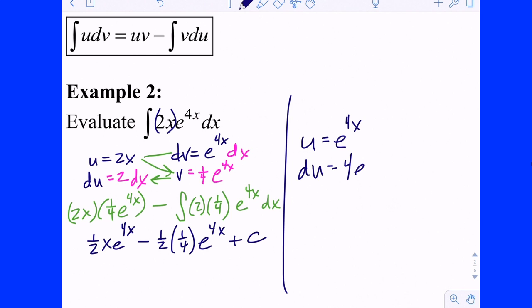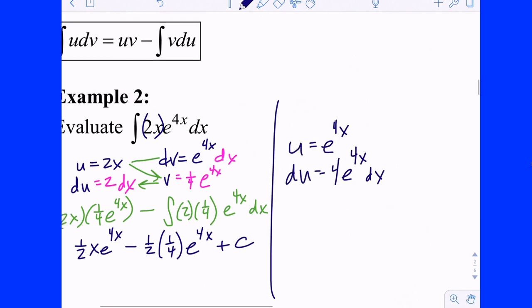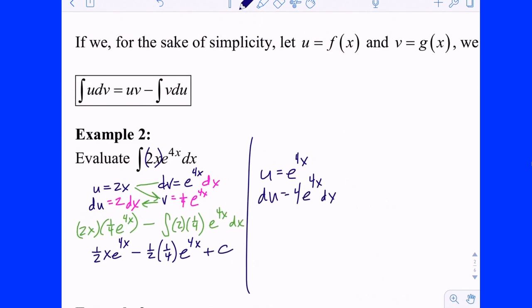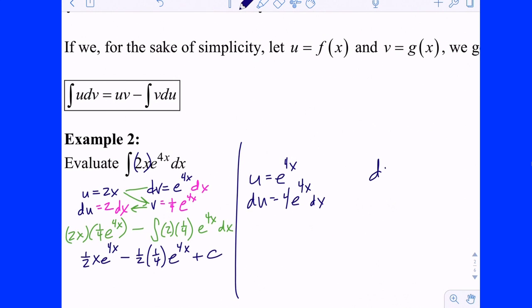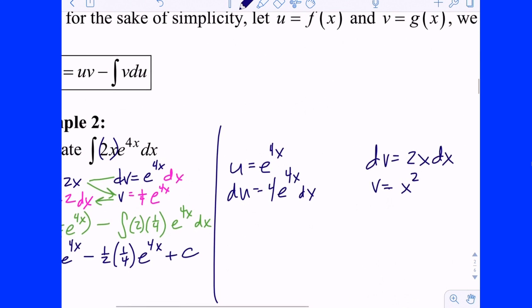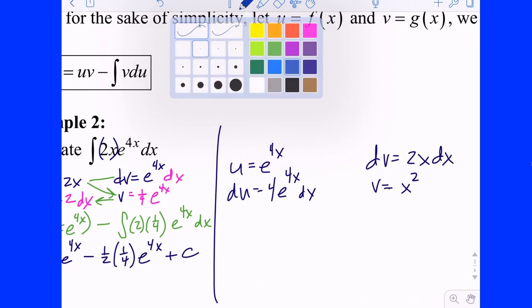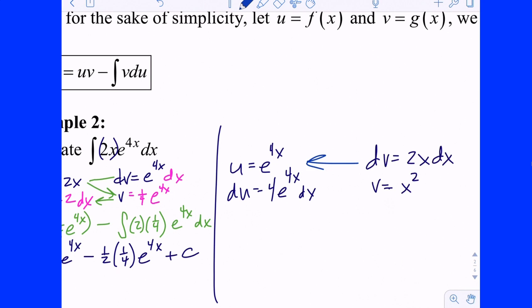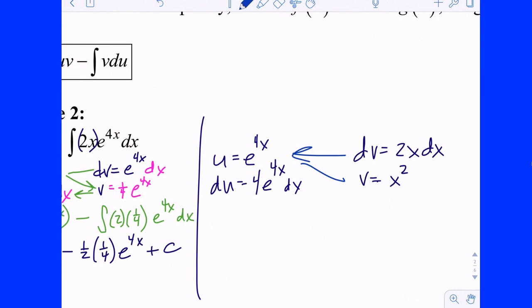I'll try and establish good habits. dv then would be 2x dx, and v would equal x squared. So the first diagonal would be x squared e to the 4x minus the integral of, if I multiply across, 4x squared e to the 4x dx.